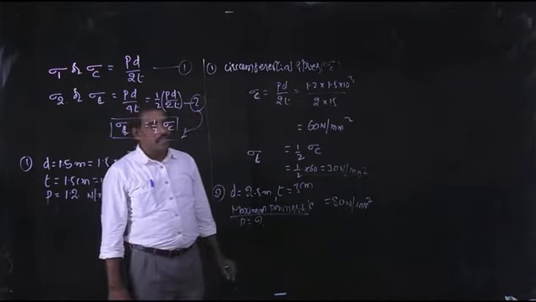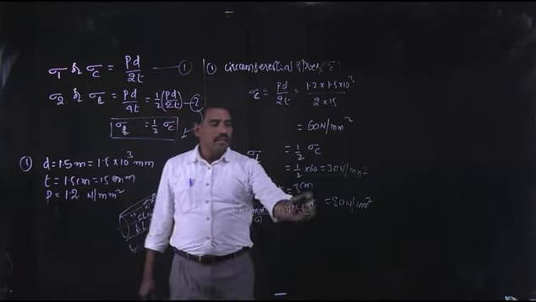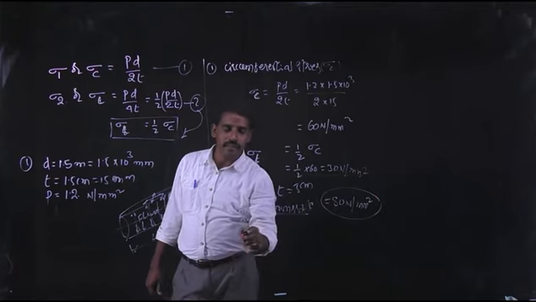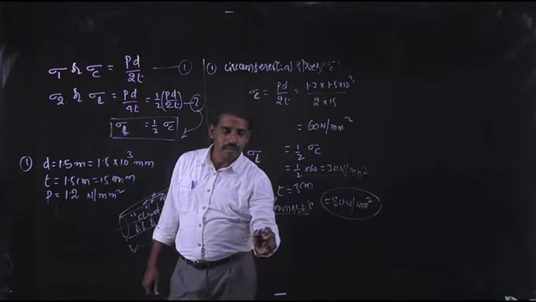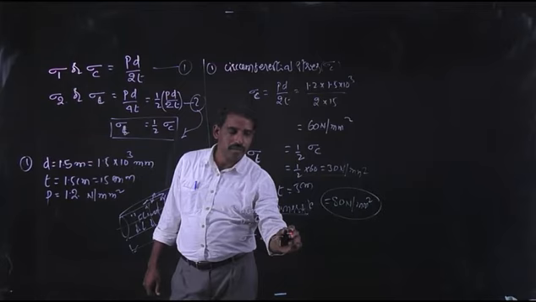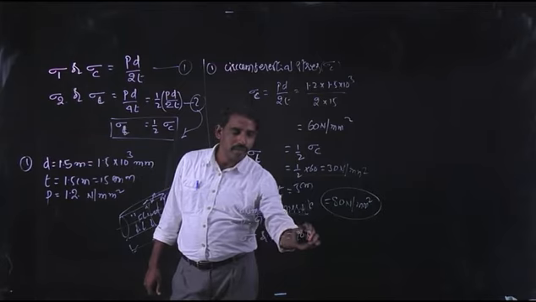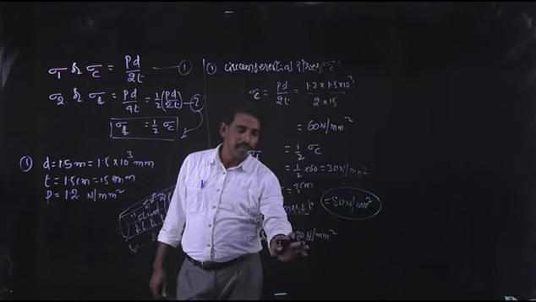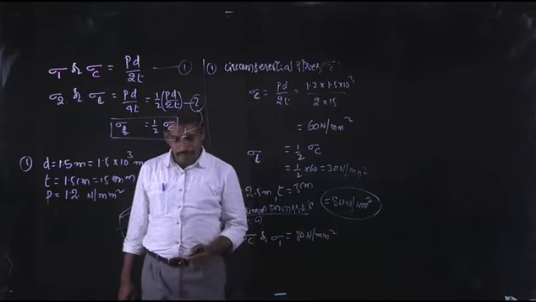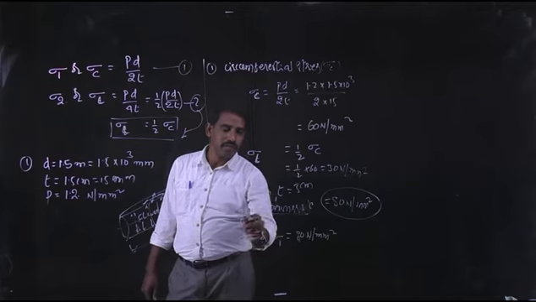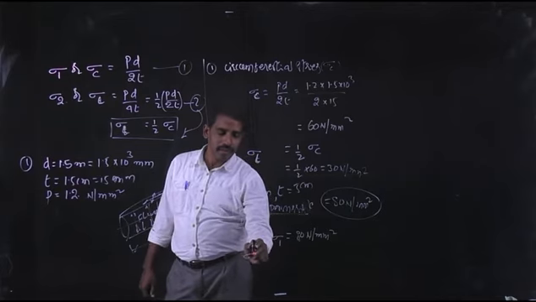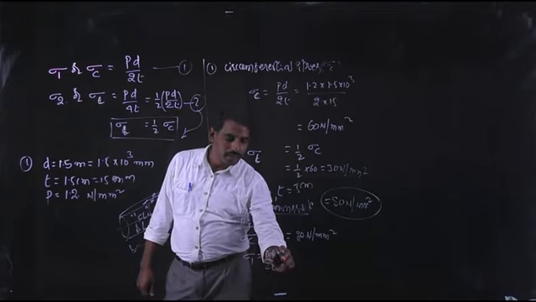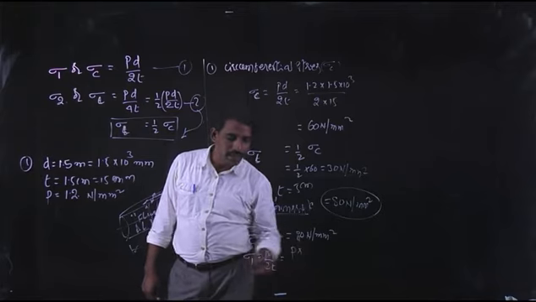It means here the circumferential stress is given, which is equal to 80. Very simple. Clearly sigma c or sigma 1 is equal to 80 Newton per mm square. This is one important point. Then you can find out the value you have to calculate, that is P. As we know, sigma 1 is equal to PD by 2T, so simply P is to be calculated.